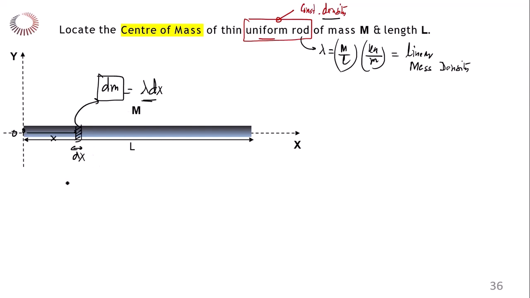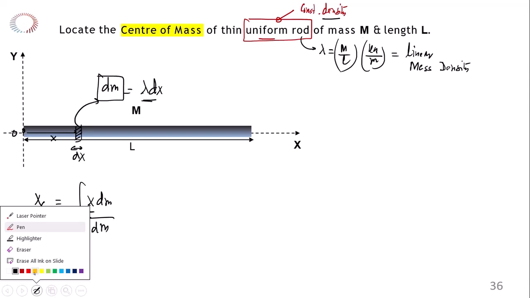Now I write that the x coordinate of the center of mass of the rod, xc, should be equal to the integration of x dm divided by the integration of dm. That is the formula. Now what is x? x is the x coordinate of the center of mass of the element.